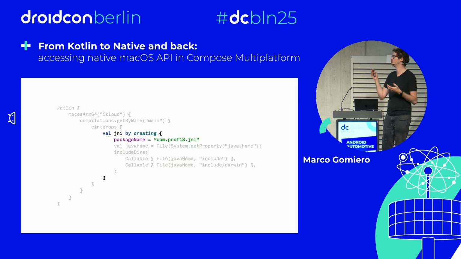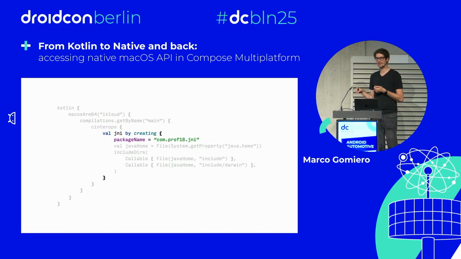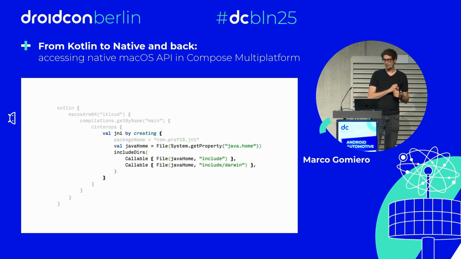So here you can put whatever you want. And this will be the package that you need to import in your file in order to interact with the library that you are generating the bindings for. And then you also have to tell Gradle where to find those headers, because Gradle doesn't know what you want to build the bindings for.